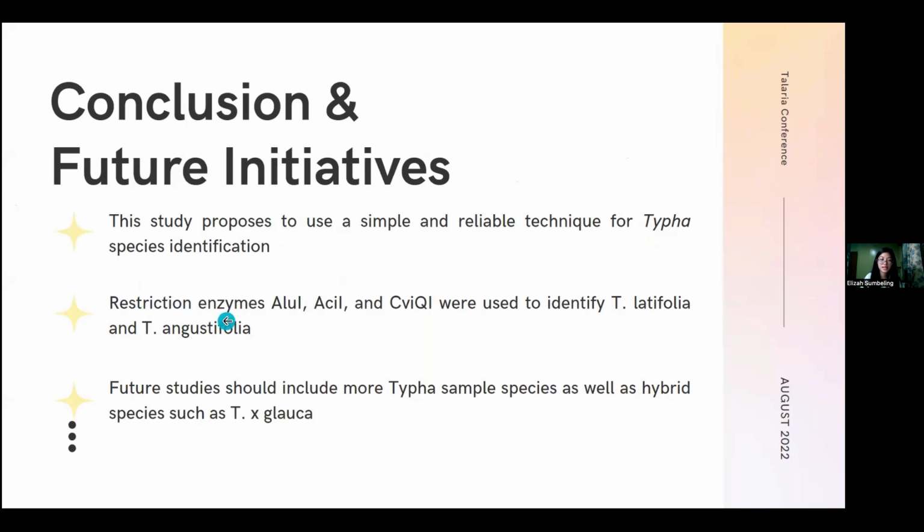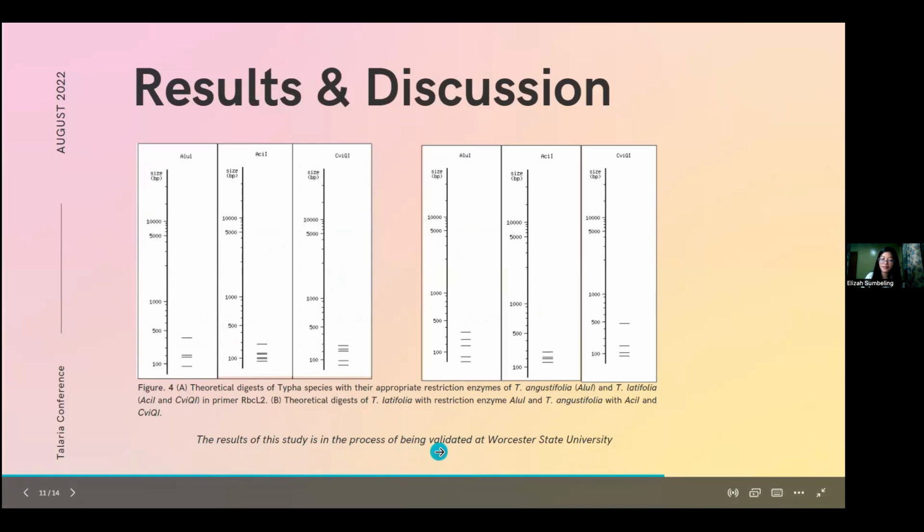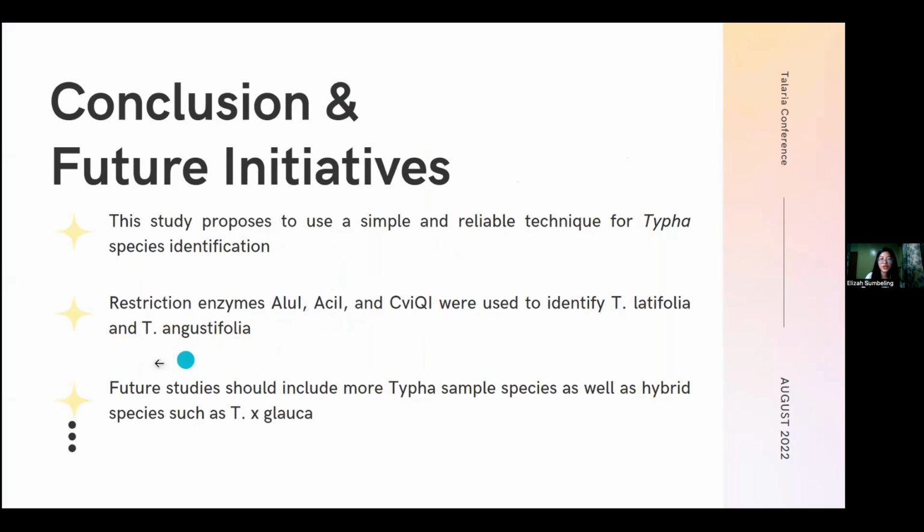Restriction enzymes AluI, AciI, and CviQI were used to identify T. latifolia and T. angustifolia. I also forgot to mention this, but the results of this study are in the process of being validated at Worcester State University, since everything that I did was theoretical. And future studies should include more sample species as well as hybrid species such as T. x glauca.